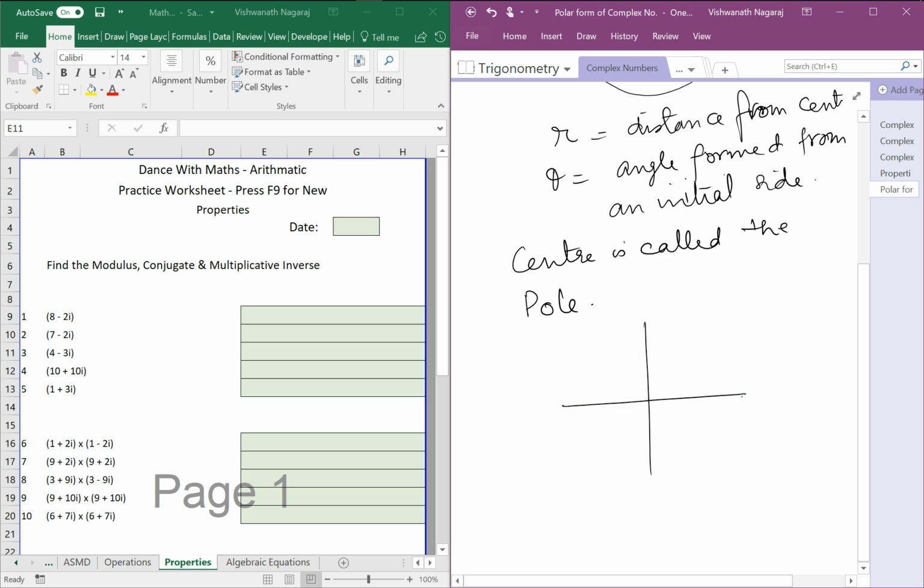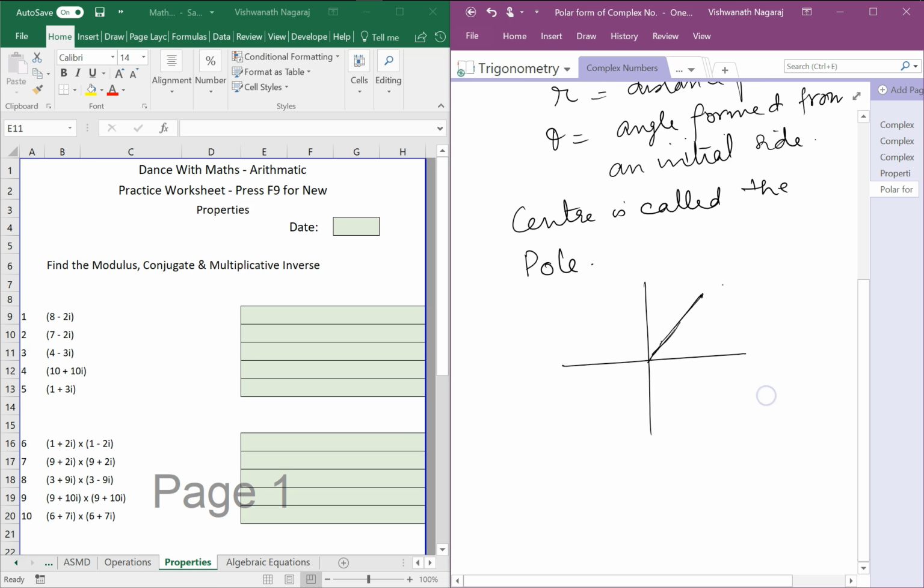Let's look at this. Now let's say this is the point at which the object is. Now we want to figure out the polar form of this location. Now this coordinate system is your complex coordinate system. Now let's say this is a plus ib.